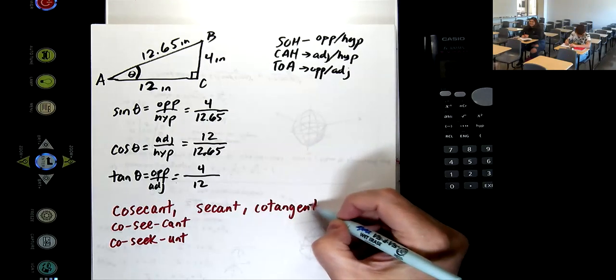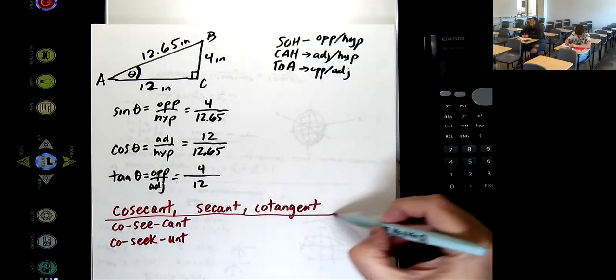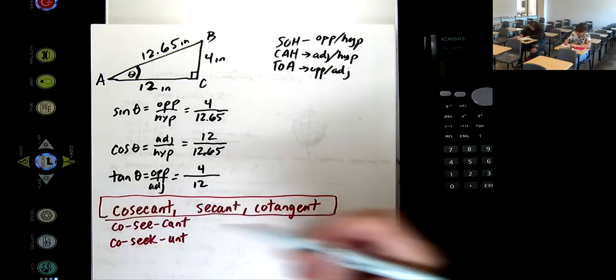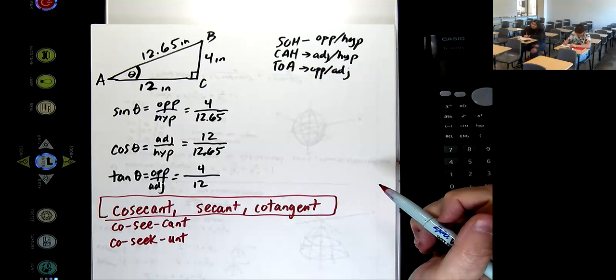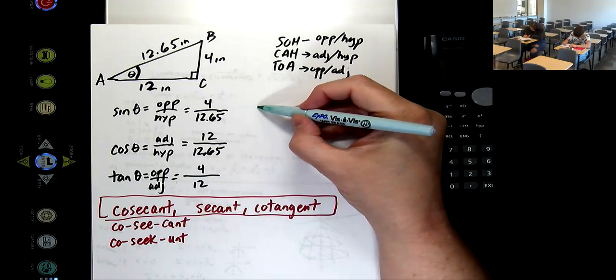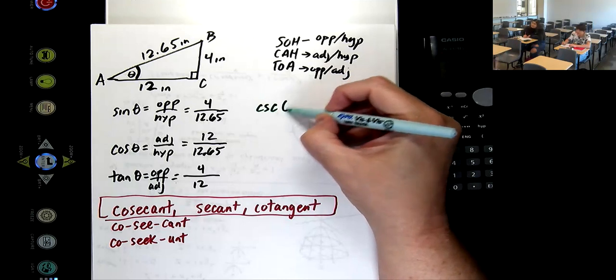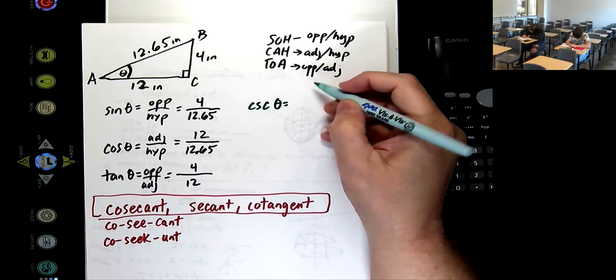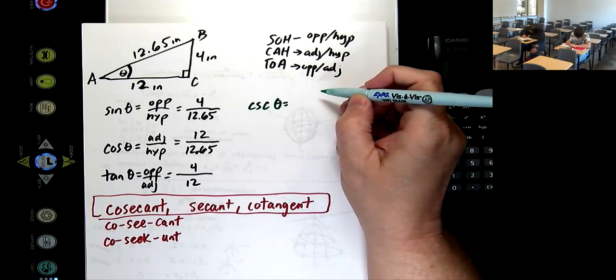So we have three new ones. Cosecant of theta is abbreviated CSC.